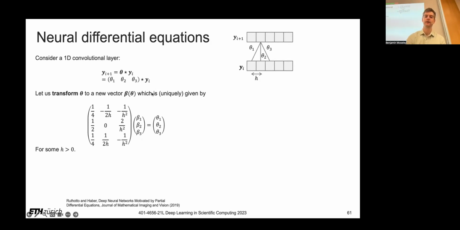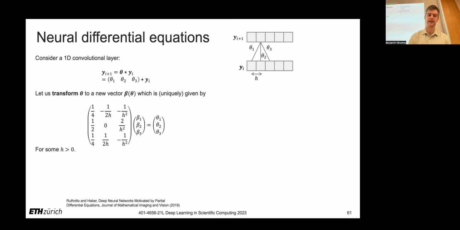The other thing I'm going to assume, which is true if you analyze this matrix equation, is that these beta values are uniquely determined by this matrix and these theta values. So there's a unique solution, and you can use standard matrix algebra and look at determinants, etc., to prove that, as long as h is greater than 0.